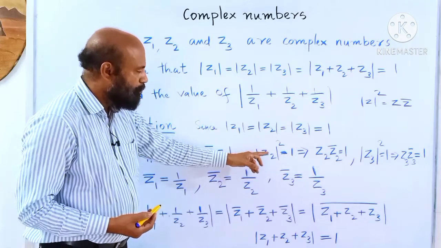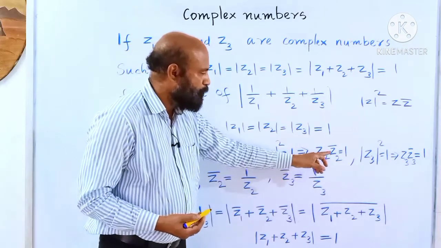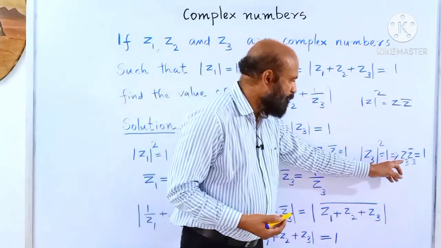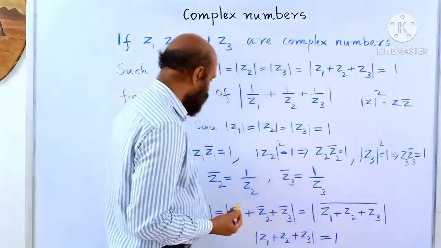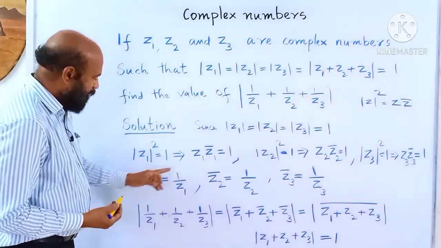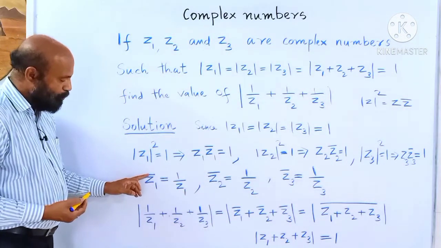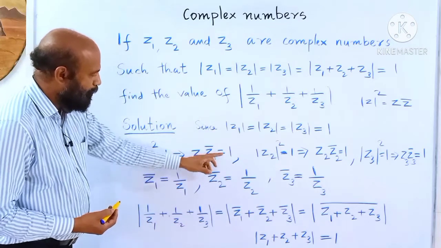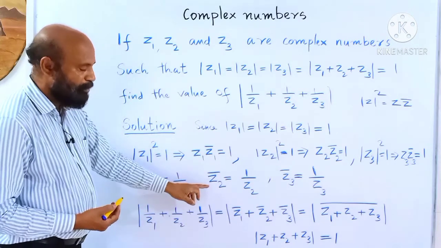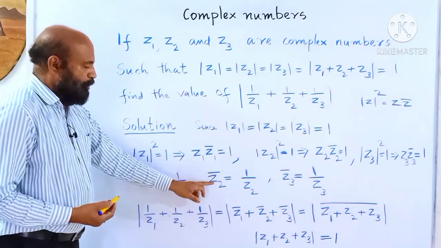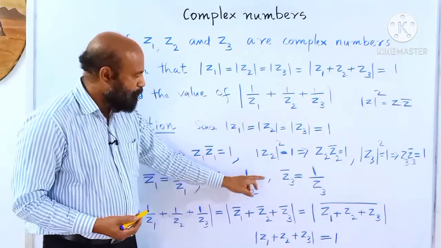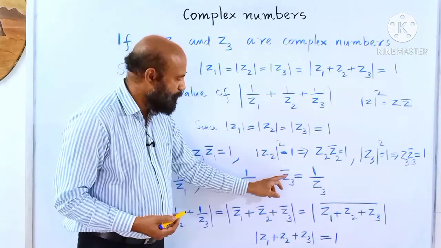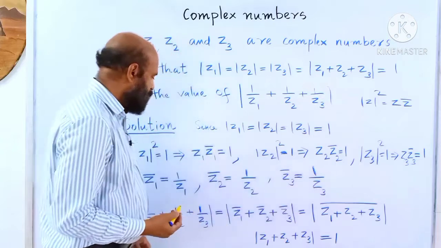Similarly for Z2, Z2 into Z2 conjugate is 1. Z3 into Z3 conjugate is 1. So from this we can write conjugate of Z1 is 1 by Z1. By rearranging this you will get like this. Similarly conjugate of Z2 is 1 by Z2. Conjugate of Z3 is 1 by Z3.